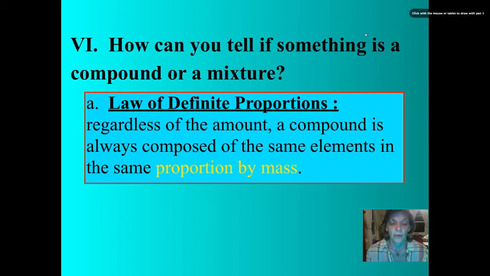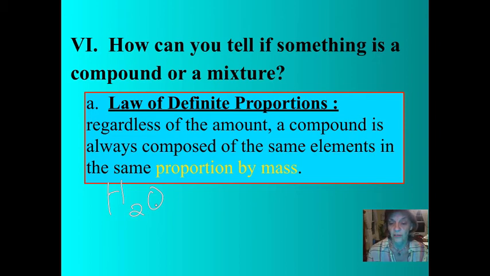It says that regardless of how much compound you have, it's always composed of the elements in the same proportion. So if you have water, a teacup full or an ocean full, you always have the same proportion of H's to O's, 2 H's to 1 O. Doesn't matter how much you have.